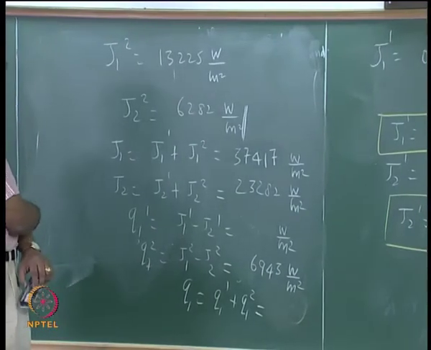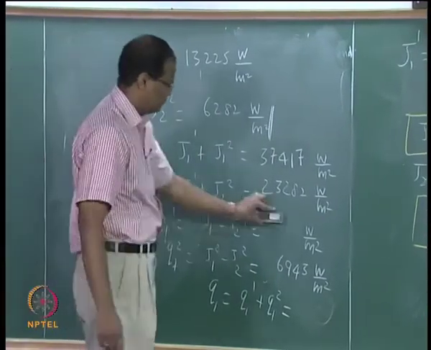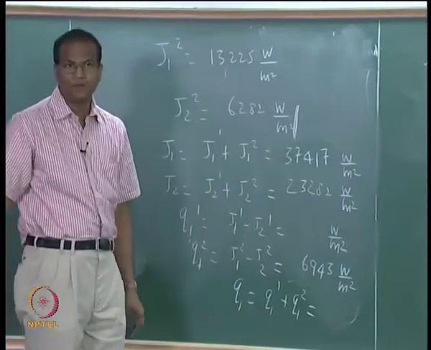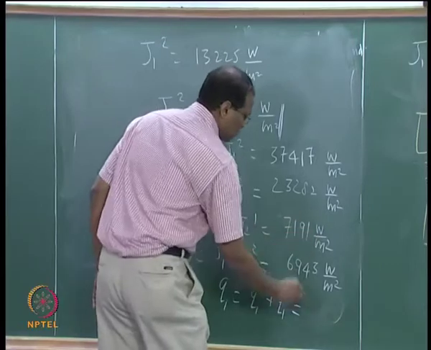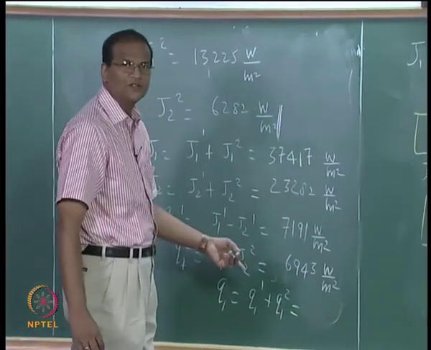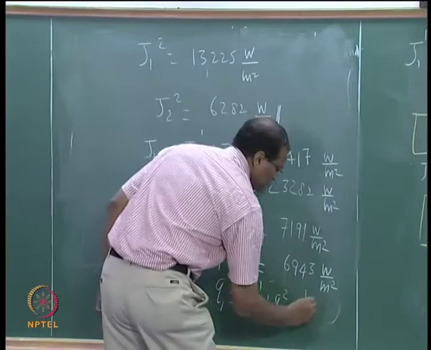Yeah, then Q1 7191. The total is now 15,000. How much is it? 14,000.